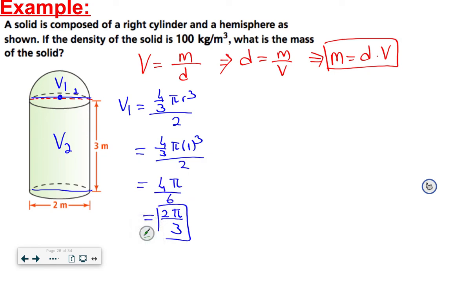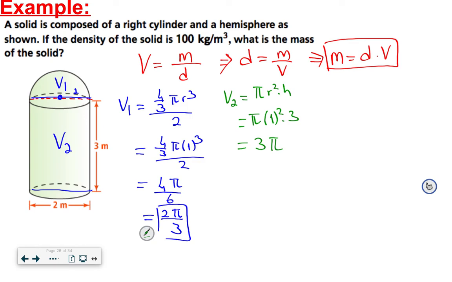After that, let me find the volume of cylinder. How can you find the volume of cylinder? Base area times height. So base area is pi r squared times height. If we substitute the given information, pi times r is 1 squared times height is 3. When you calculate, you will get 3 pi. If you want, you can also multiply those numbers with pi, but I don't want to multiply them, so that's why I will find the answer in terms of pi.